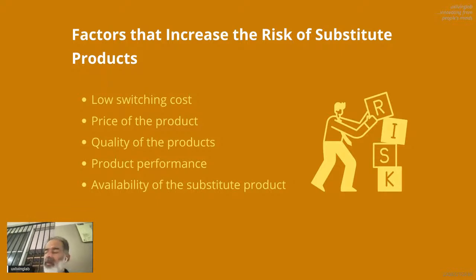The next one is product performance. If two substitute products perform differently when subjected to various conditions, the customer will choose the option that is most beneficial for the particular prevailing condition. For example, in the transport sector, while traveling shorter distances, people prefer small vehicles.